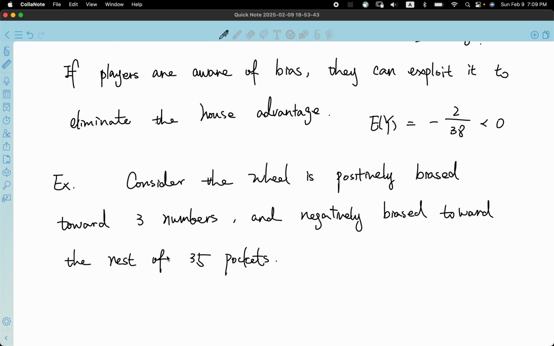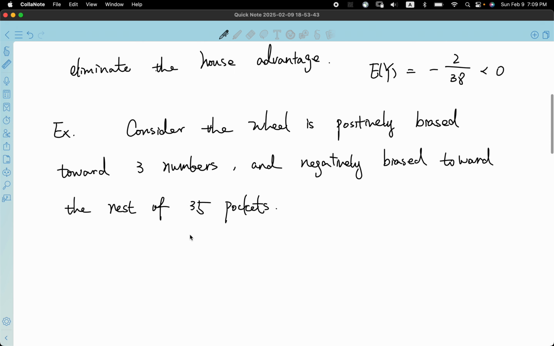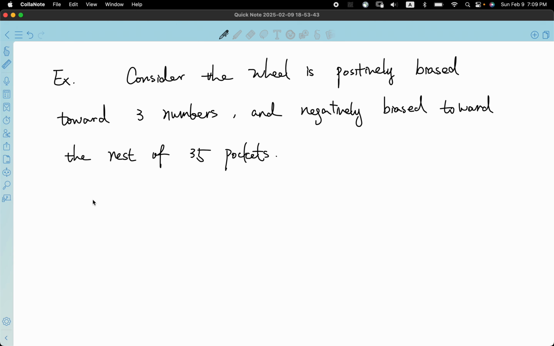The 35 is referring to the 38 minus the 3 numbers. And let's consider the following 3 numbers: the numbers 2, 4, and 21.